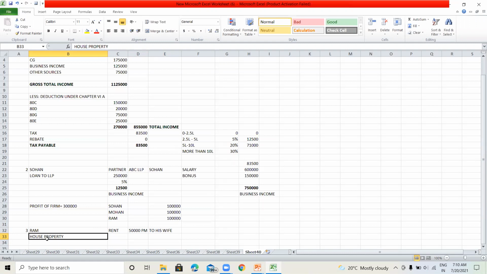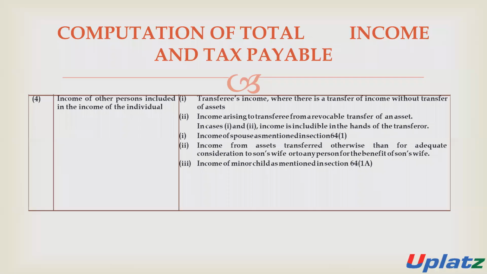Such 50,000 rupees per month will be taxable in the hands of Ram. It will not be taxable in the hands of his wife. So where there is a transfer of income without transfer of asset, meaning the asset is not transferred but the income is transferred, the income will be taxable in the hands of the person who transfers such income.